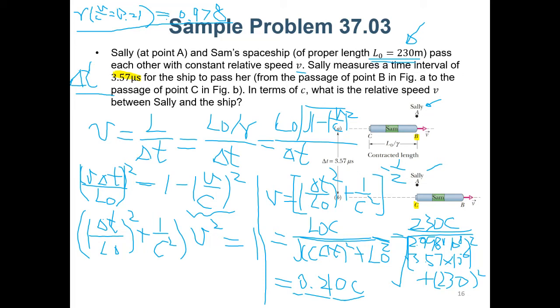Which means if you just calculate L0 over delta T, then you will calculate the speed to be 0.215C. So the error is not really large.